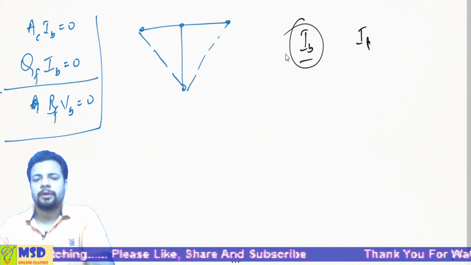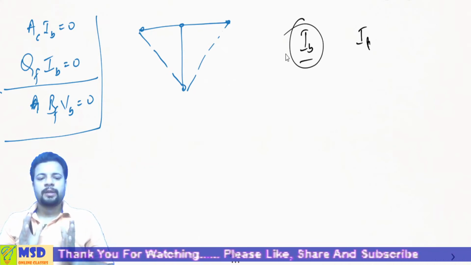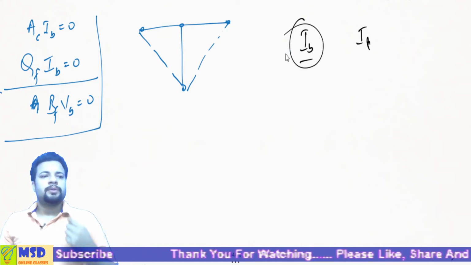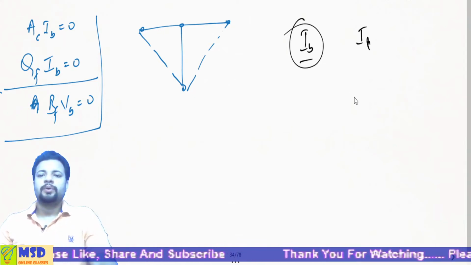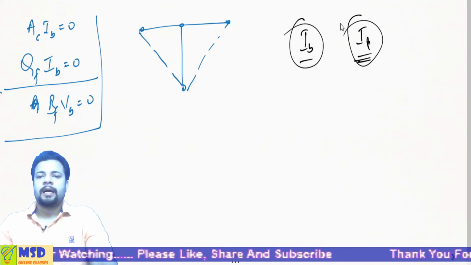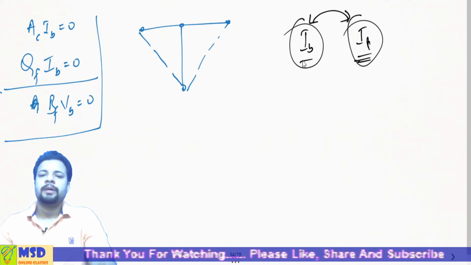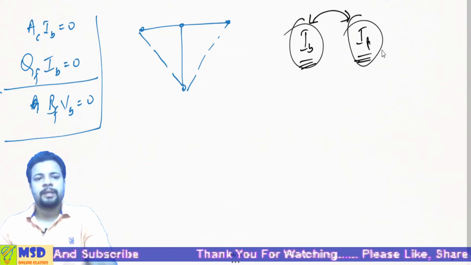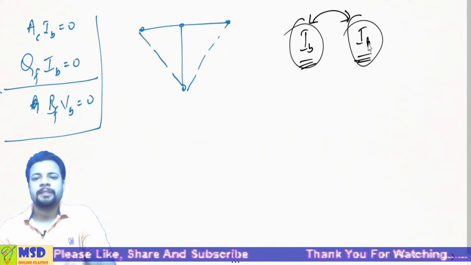As we know, in network analysis, if you are given an electrical network, they are definitely going to ask you to determine the current through any branch of your circuit. So if you have knowledge of IL and a relationship between IL and IB, then definitely you can determine any branch current. Now this IL comes from loop analysis, which we will see in the upcoming sessions.